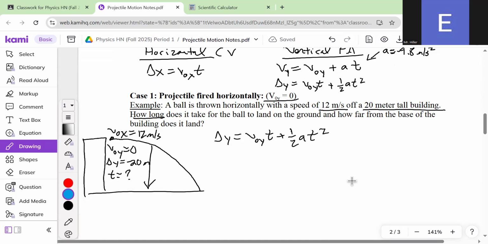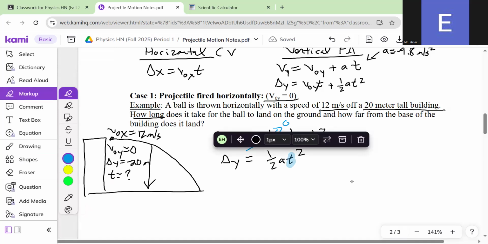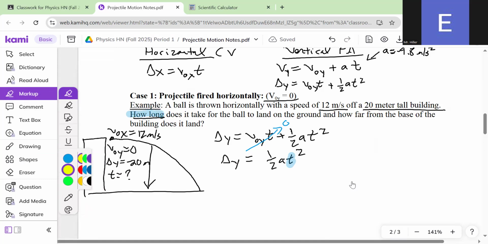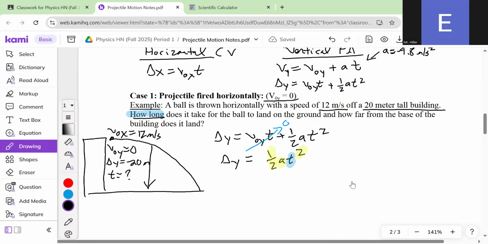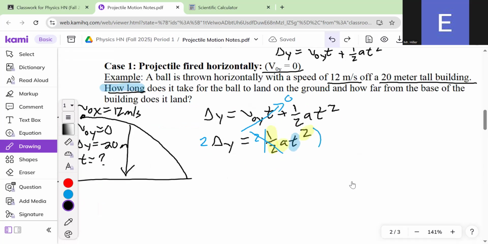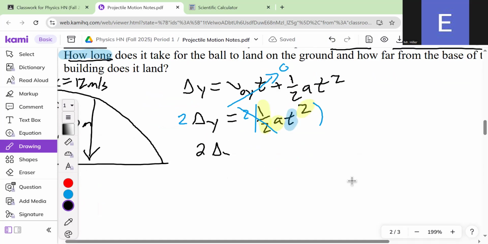Well, v naught y is 0. 0 times time is 0. So this whole middle term is going to cancel, and it leaves you with delta y equals 1/2 a t squared. Now, in order to solve for time, that's how long, you have to get rid of the a, the 1/2, and the squared. So let's begin that process. To get rid of the 1/2, multiply both sides by 2, and we get 2 delta y equals a t squared.